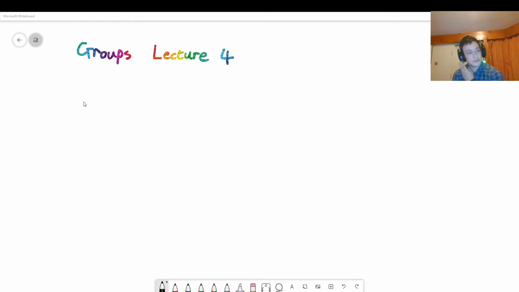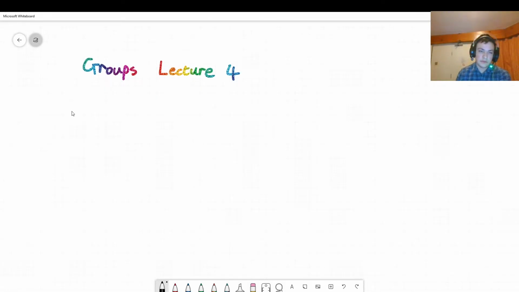Okay, so we're going to start by talking about products and sums, so ways in which we can combine groups. Let (G, ·) and (H, ⋆) be groups.